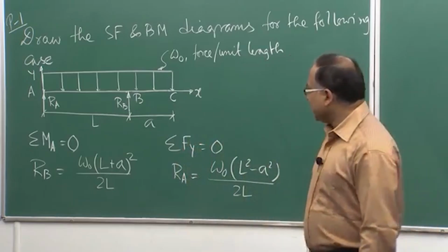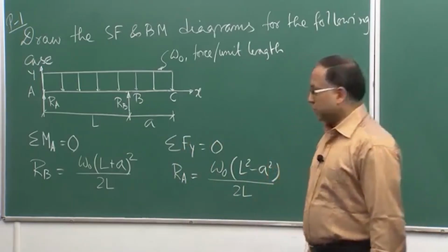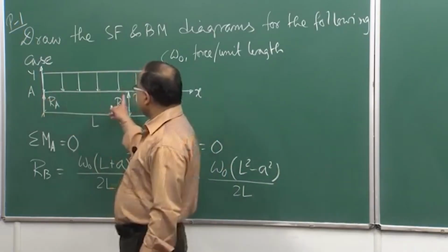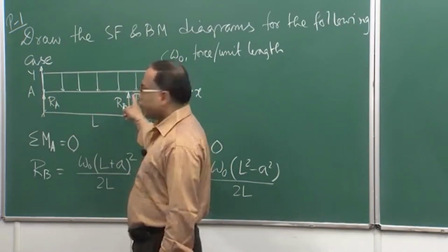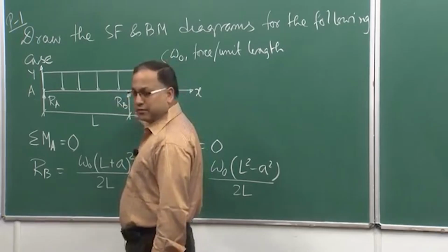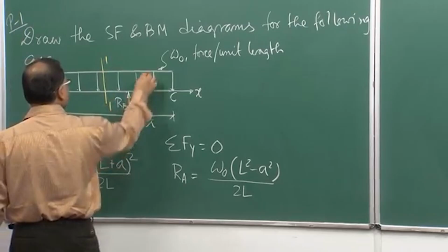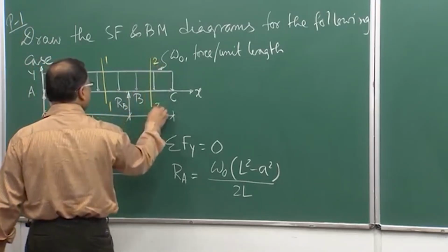It is very clear that two sections will be required: one section between A and B and the second between B and C. That is quite obvious. So I am taking two sections, section 1 and section 2.